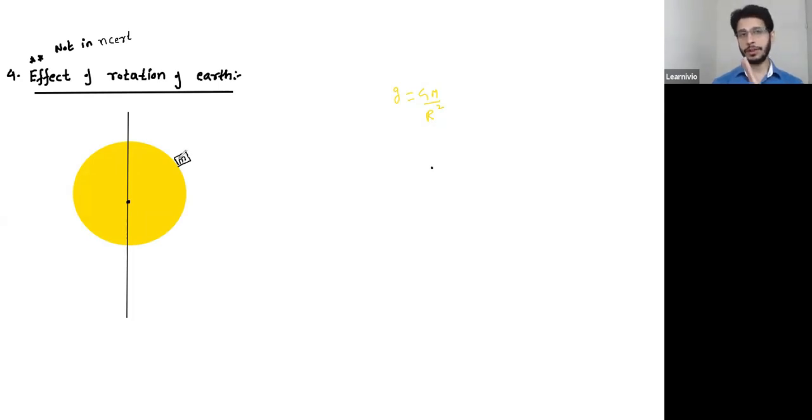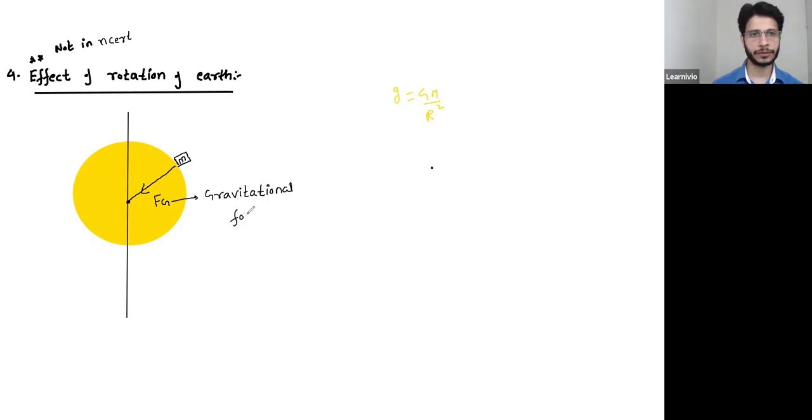Then the only force acting on the body is gravitational force, Fg, towards the center of Earth.